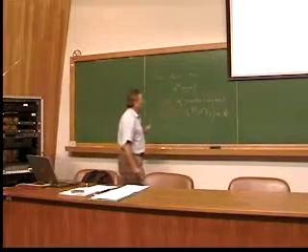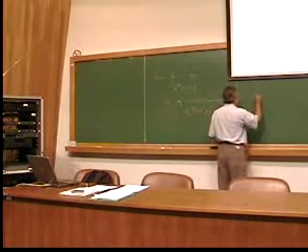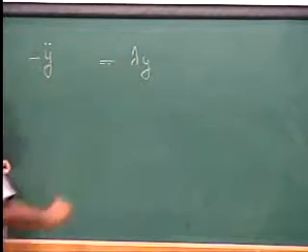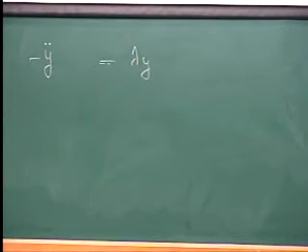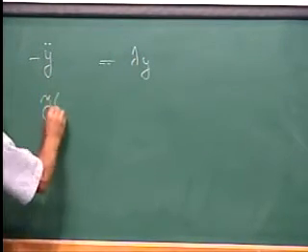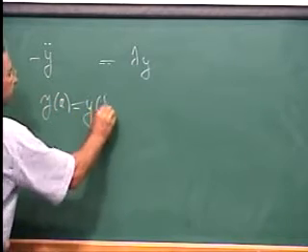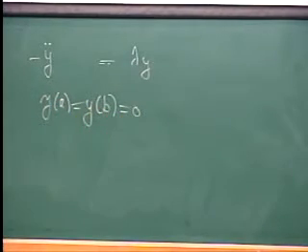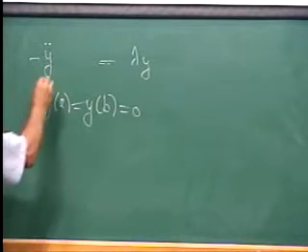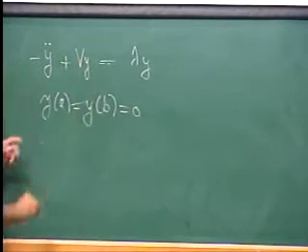So in dimension 1, you can look at the trivial case, where you have, let's say, y of a equals y of b equals 0. If you look at this, you just have sine functions. But you can do something a little more complicated, and you can put some function v here.